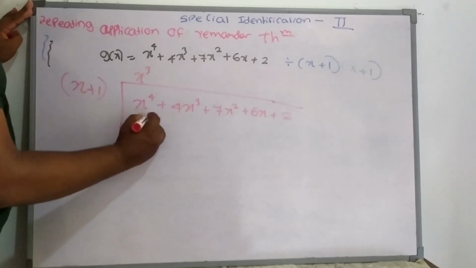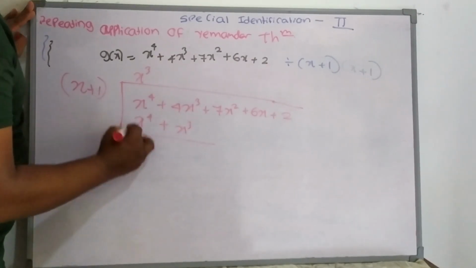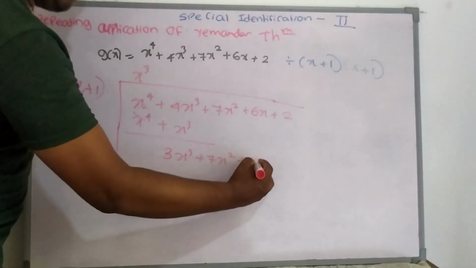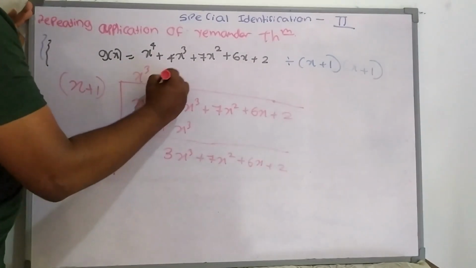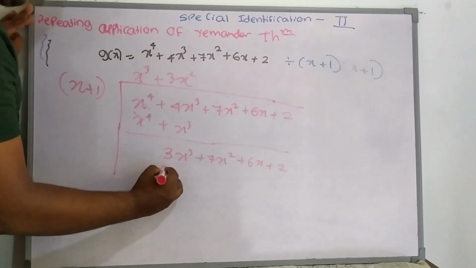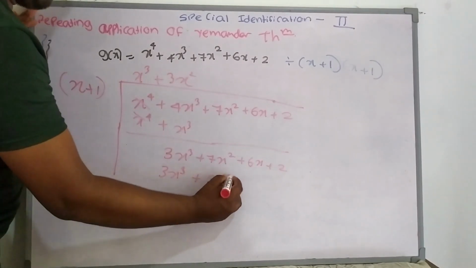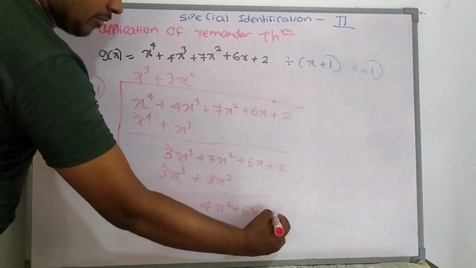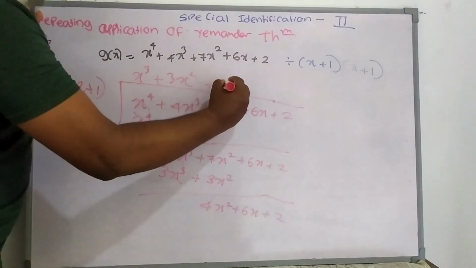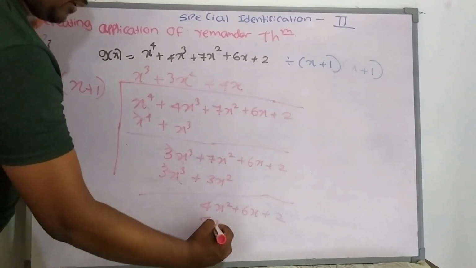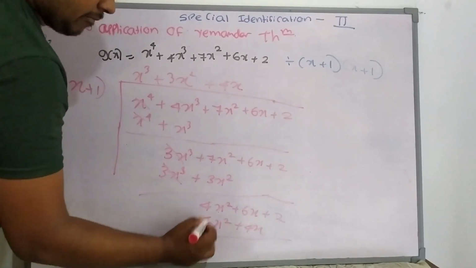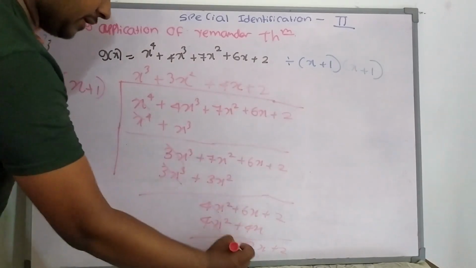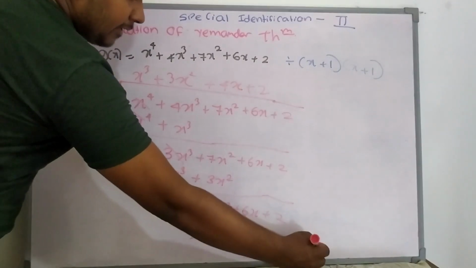x cubed, x to the power 4, x cubed, right? 3x cubed, x squared, and I'm going to use 4x squared, 2x plus 2, and it will be 0.